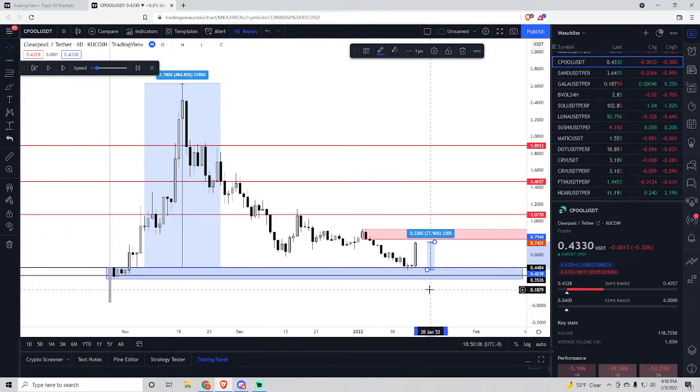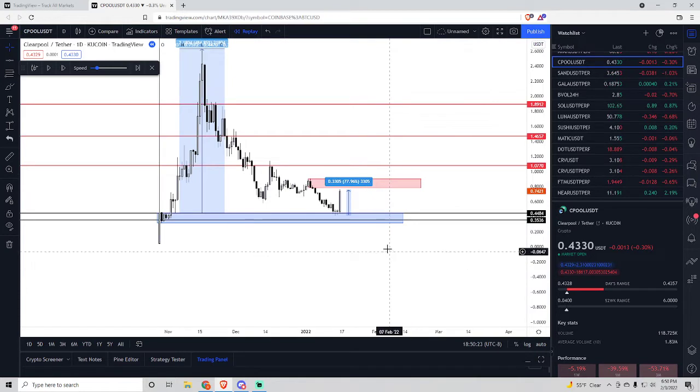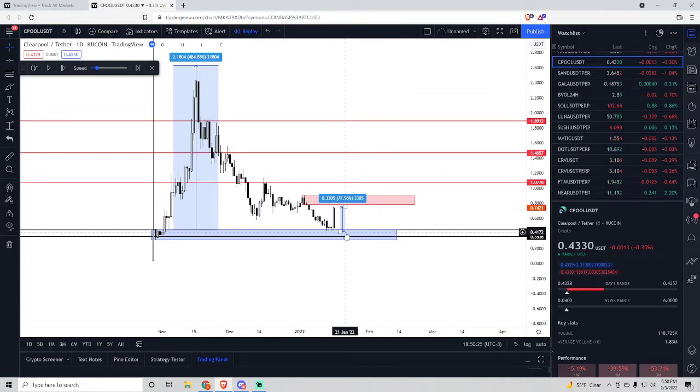I don't care if this is your baby or you want to keep holding coins. You better take profit. Price always comes back down. It might not be within a couple of days, but eventually price always comes back down to strong demand and support areas. So, has this been filled 50%?